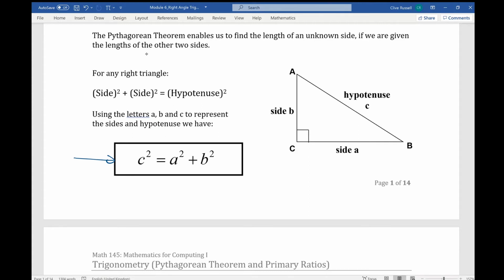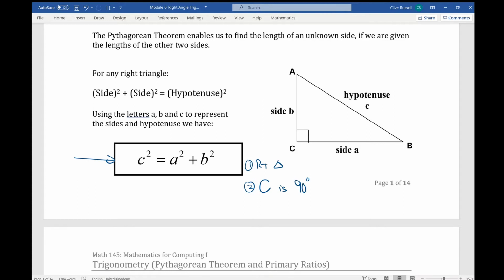It's assuming that it's a right triangle, right? So the assumption is that it's a right triangle, and the second thing is that C is 90 degrees.